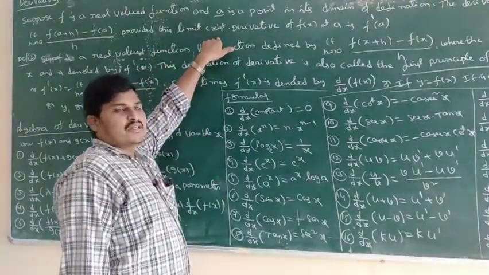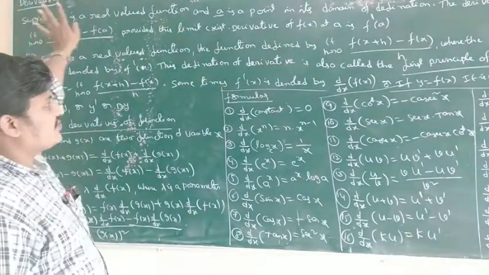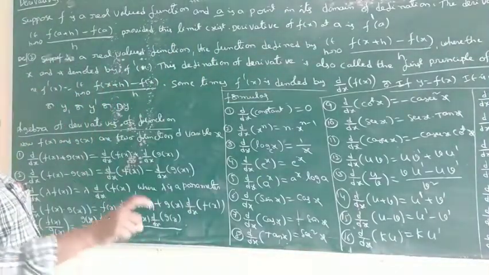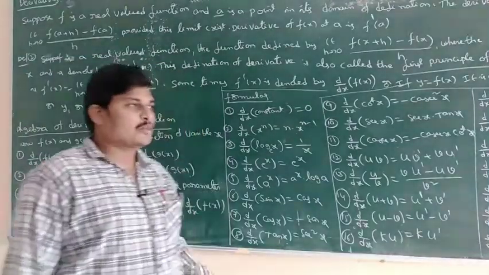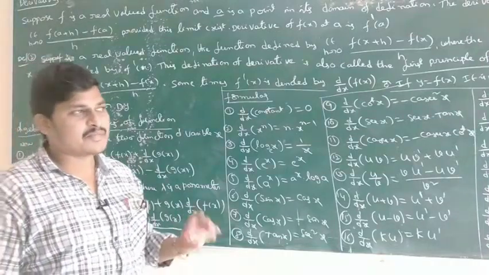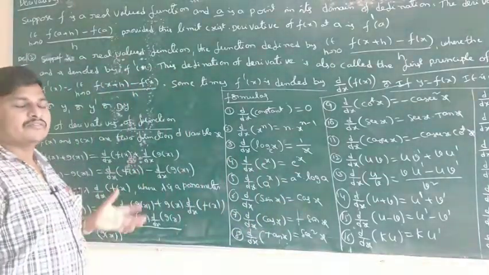If the limit does not exist, then the derivative does not exist. Limit exists means the limit value is a defined value. It should not become indeterminate symbols; if an indeterminate symbol comes, it is not defined. 0/0, infinity.